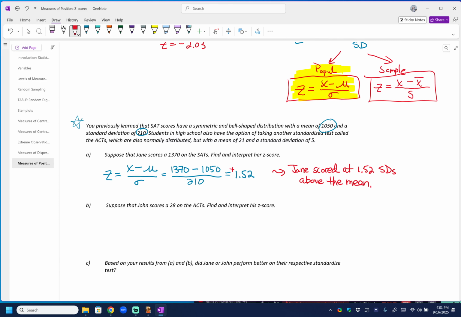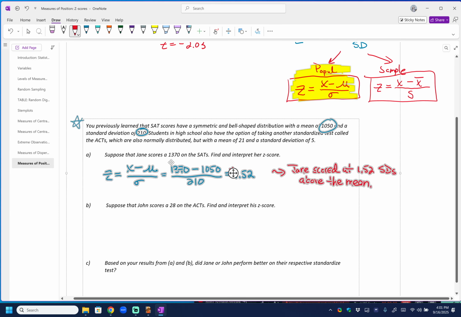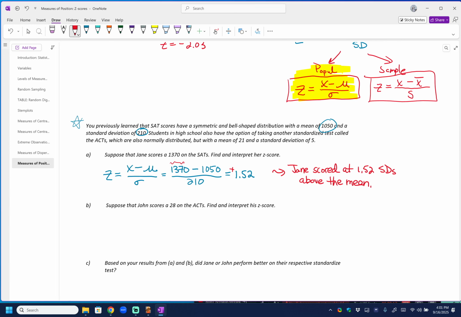The value we tried to convert, 1370, was larger than the mean, hence creating a positive number. So what does that mean? It means that Jane scored 1.52 standard deviations above the mean. 1.52 is the distance from the mean, and above is because we have a positive z-score.